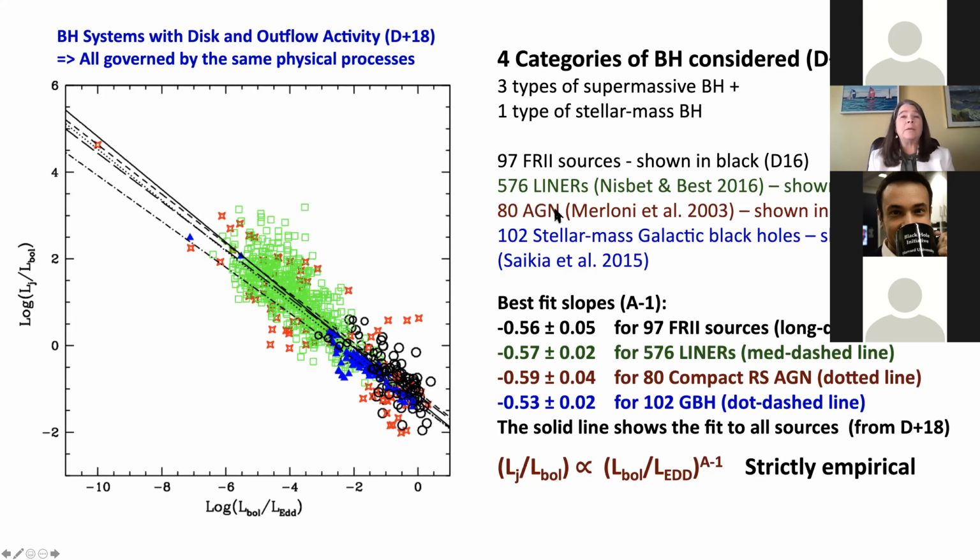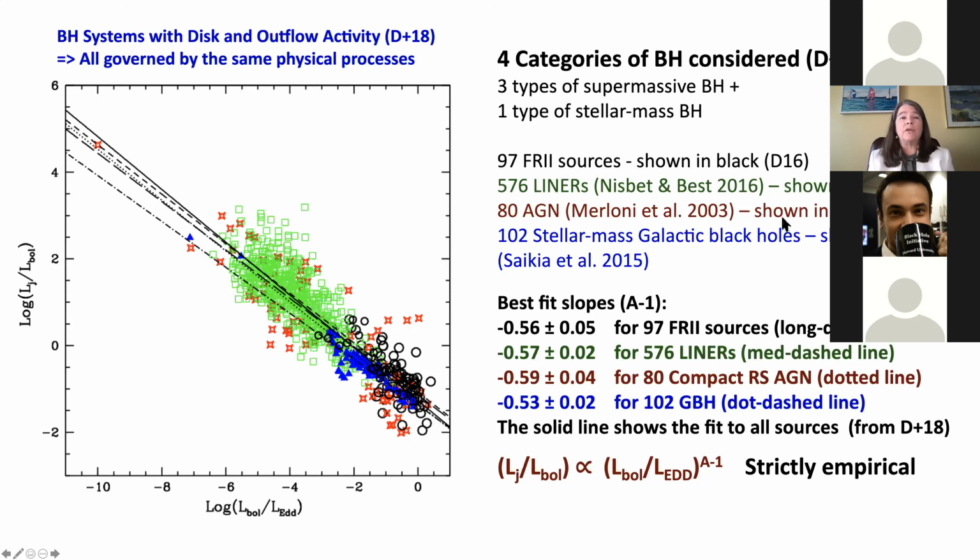So the fundamental plane sources that I'm going to be talking about include 576 liners presented by Nisbet and Best in 2016, and those are shown in green in all of the figures. The 80 AGN from the original Merloni et al. sample in 2003, where the fundamental plane, including AGN, was discussed and introduced, which included the black hole mass.